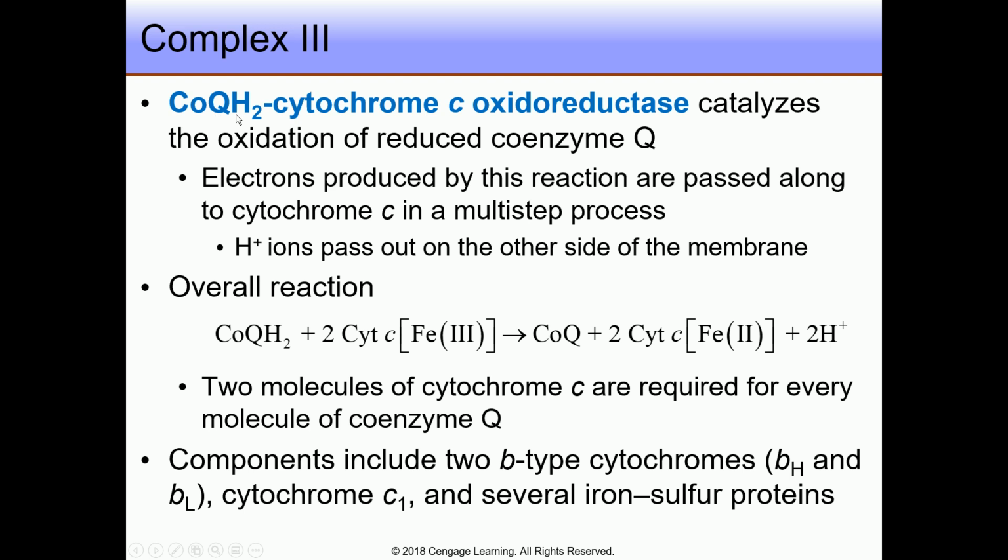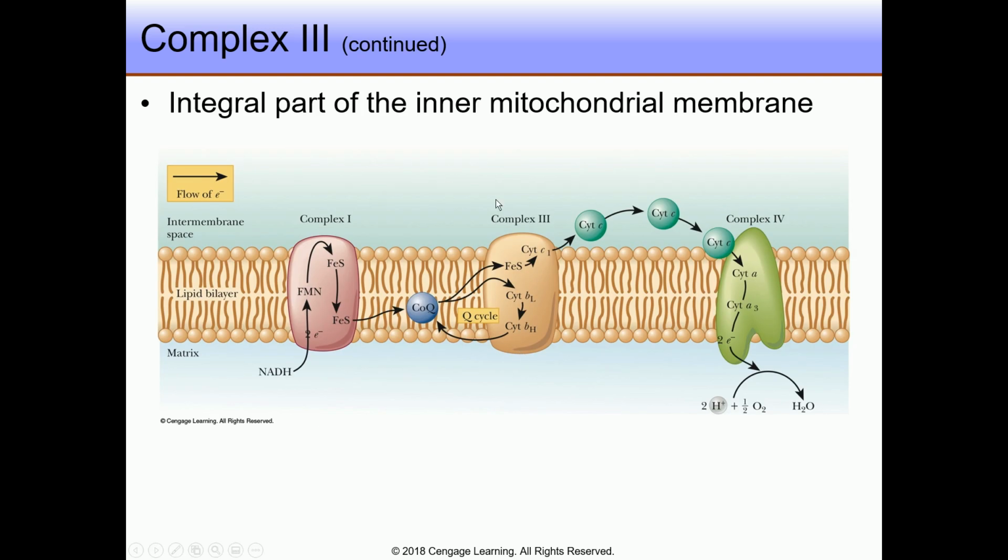So in complex number 3, the electrons from the reduced coenzyme Q are passed through this complex. This complex is called reduced coenzyme Q or hydroquinone cytochrome C oxidoreductase, because the electrons are passed from the reduced coenzyme Q to cytochrome C. In this complex there are iron sulfur proteins, as well as a cytochrome C1.